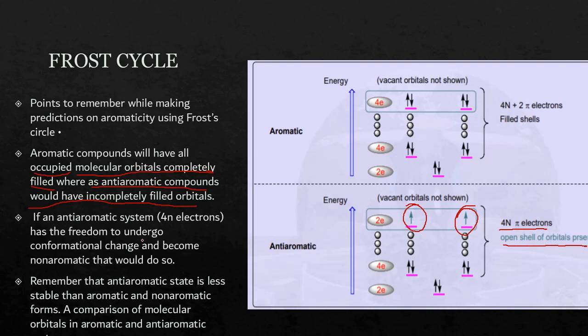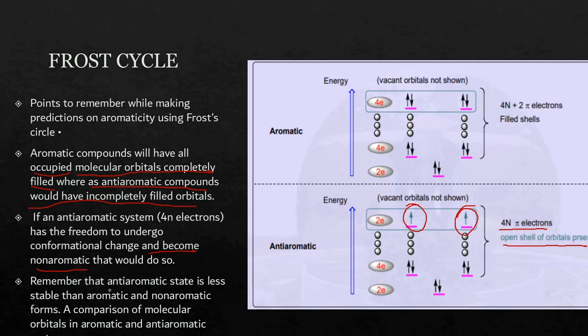If an anti-aromatic system has the freedom to undergo conformational change, it will always try to become non-aromatic. It will try to attain more stability by becoming non-planar, and therefore it will become non-aromatic in nature.